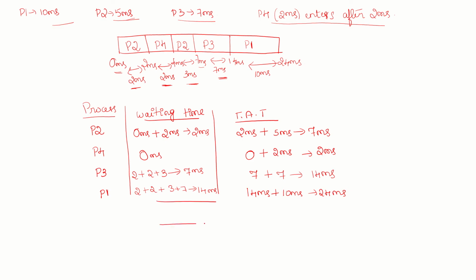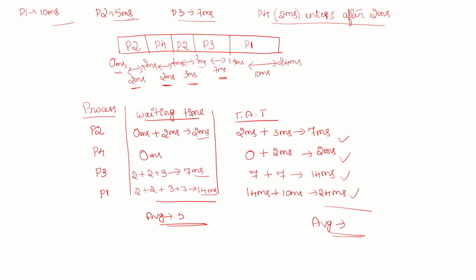Now if you take the average, here we have to consider the waiting times 0, 2, 7, 14 and the turnaround times 2, 7, 14, 24. So 2 plus 0 plus 7 plus 14 by 4, and 7 plus 2 plus 14 plus 24 by 4.